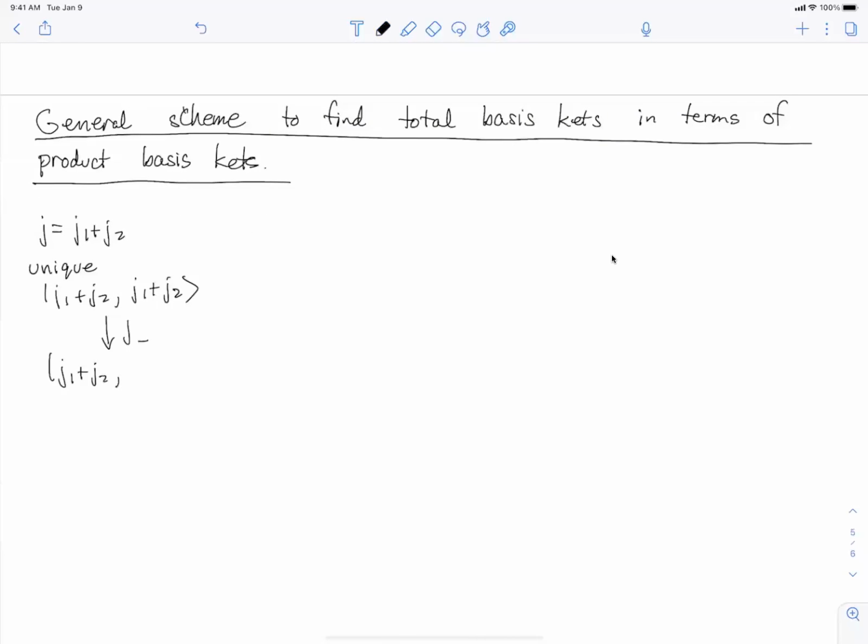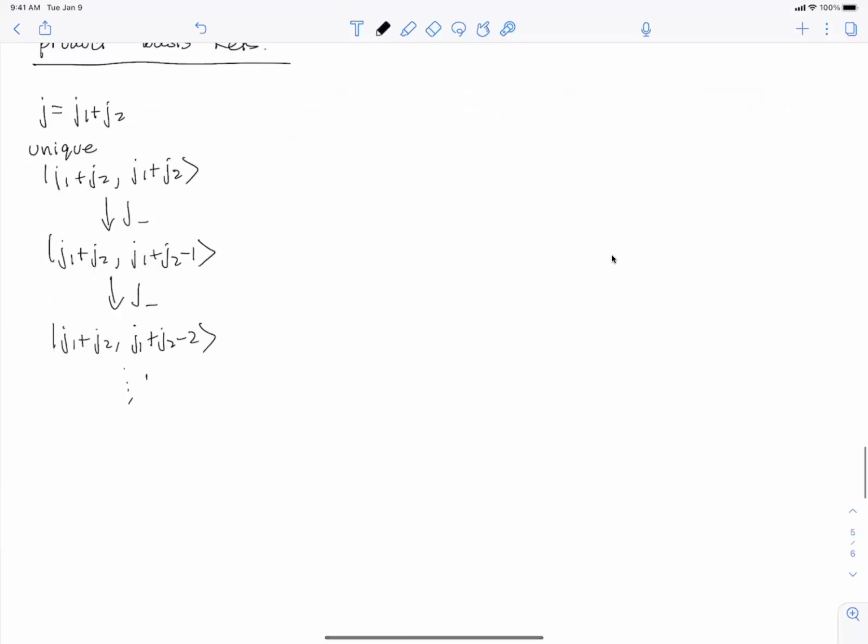That gives us the next ket lower in M. We keep acting with J minus to keep getting kets with lower values. Eventually we get J1 plus J2, minus J1 minus J2. That ket should be a check.